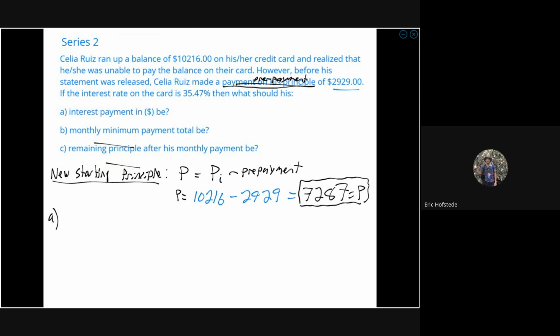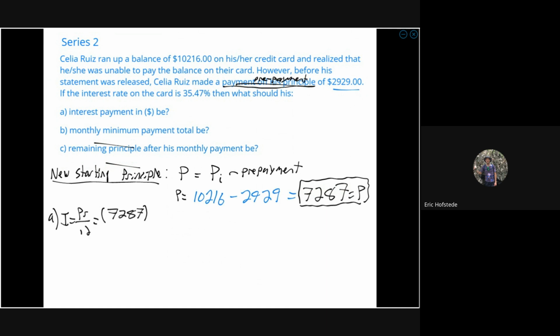All right, A, I already know my formula is PR over 12, but I need to use my reduced principal. So this is where, if you're going to make a mistake on the question, you might use this full number, 10,000. I instead know I need to use my reduced 7,287. That's my starting principal.